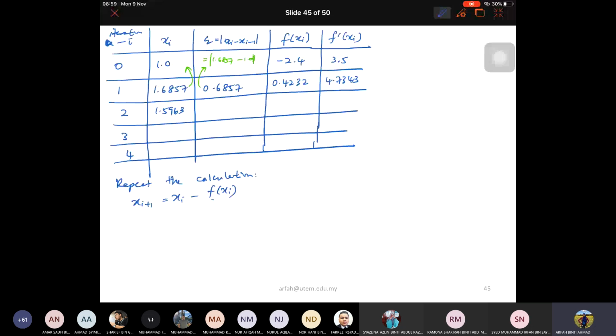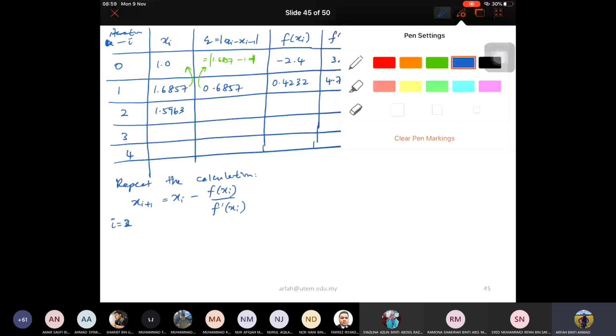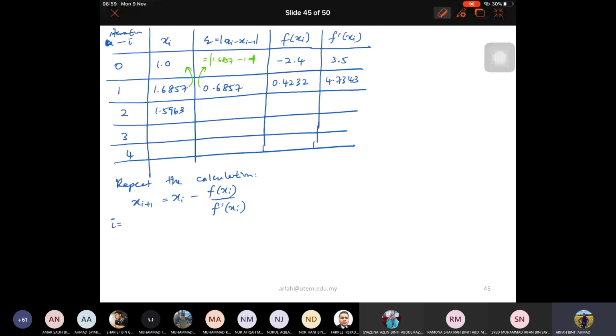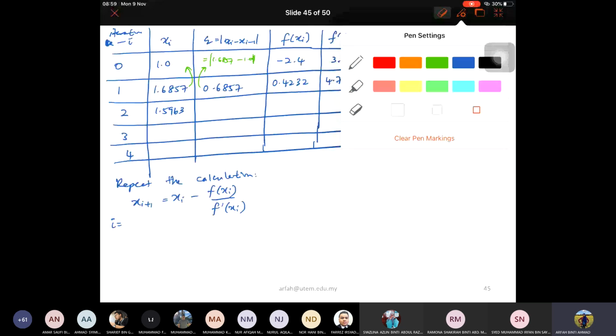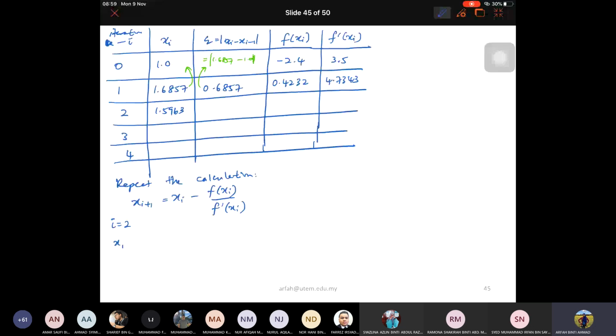So daripada sini apa nama dia? Kita akan dapatkan tadi kita dah kira untuk i sama dengan 1. Then untuk i sama dengan 2. So for i equal to 2, x2 tambah 1 sama dengan x yang ketiga akan sama dengan x2 tolak f x2 divided by f prime x2.